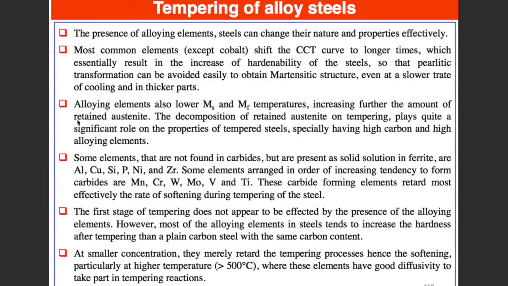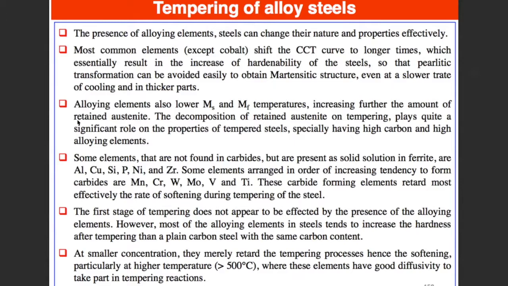And some elements are strong ferrite stabilizers, others are strong austenite stabilizers, and some will have a very strong tendency to form carbides, and some do not, right? And so we have to think about this sort of all in a whole picture, right?